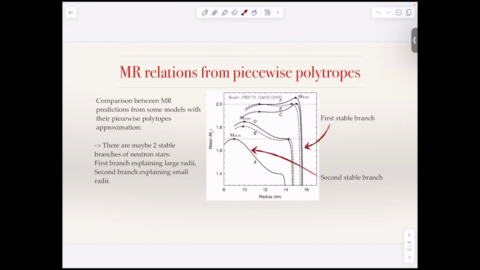And I have added a slide at the end that shows the experimental uncertainties. At the present time, we know the radius of a neutron star to 1 or 2 kilometers. So with respect to the radius, it is still very acceptable to have uncertainties of the order of 100 meters, because we cannot measure radii of neutron stars better than a few kilometers.